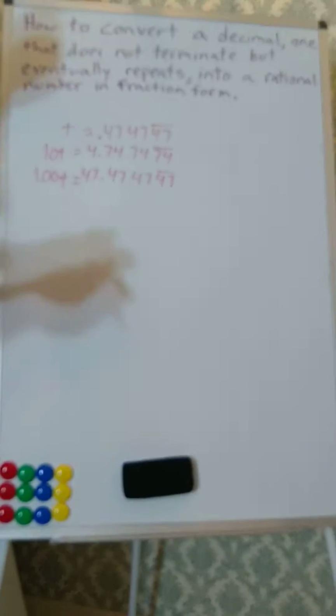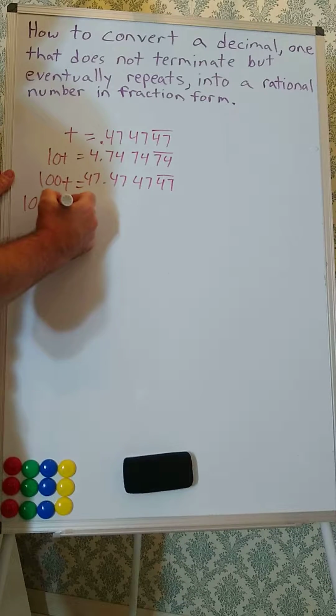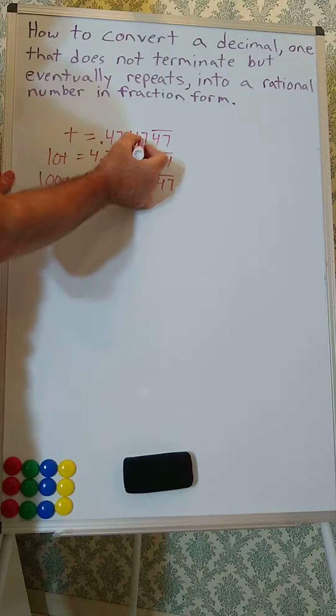And we'll look at 1000t, and that will move the decimal three places over.